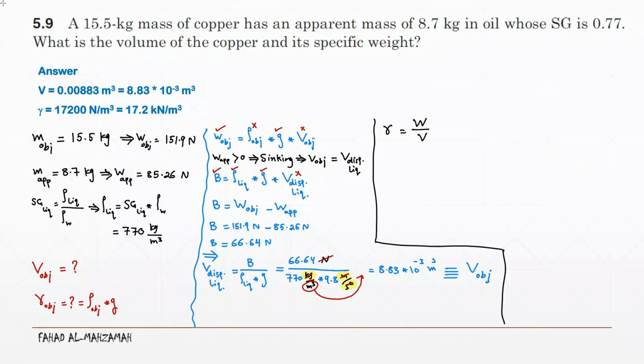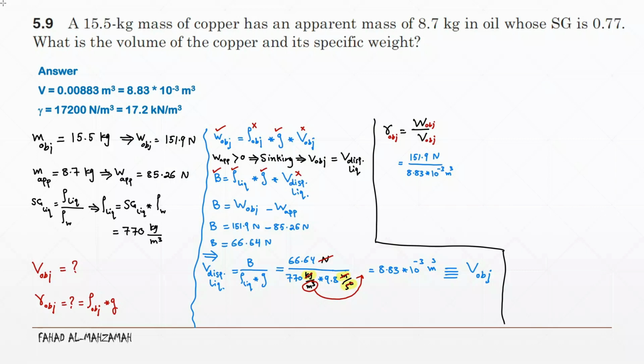So the specific weight of the object is equal to the weight of the object divided by the volume of the object. Directly substitute: the weight of the object is 151.9 Newton, divided by the volume we have just solved, 8.83 times 10 to the power minus 3 cubic meter.